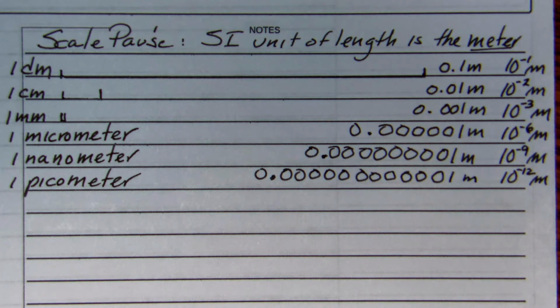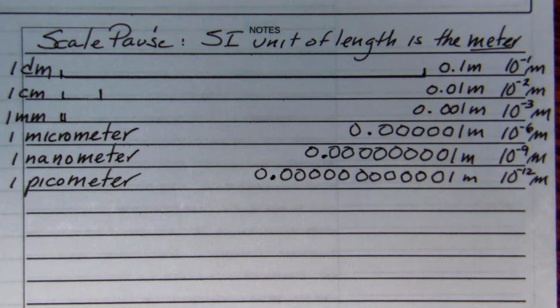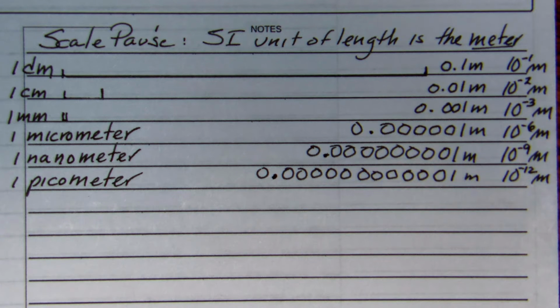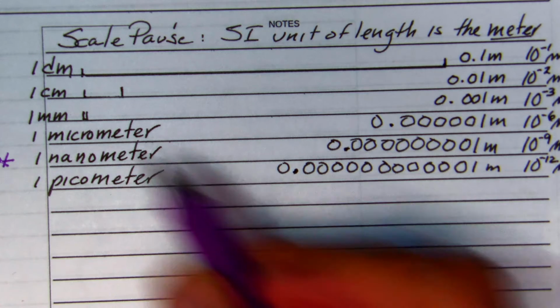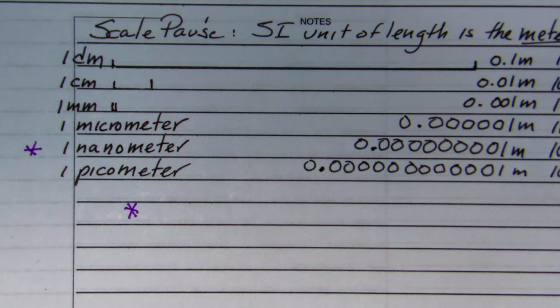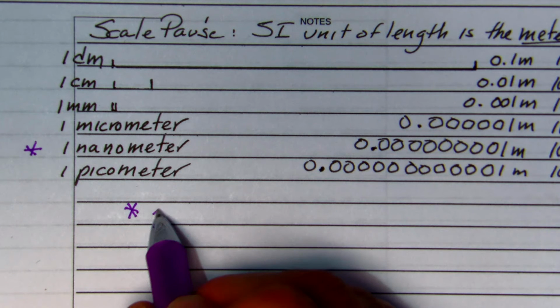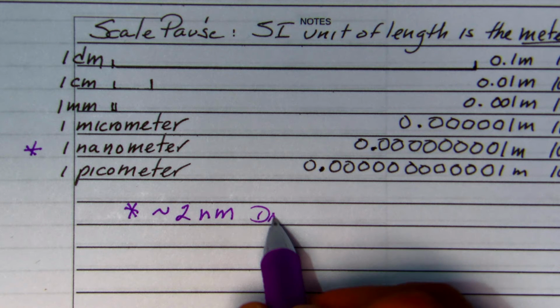Once we capture that, we realize that we are working in wavelengths of visible light in the 700 to 400 range or so of nanometers. So you know what you're talking about. Also, one additional thing I'll add to the scale, because we paused for the scale: when you talk about nanometers, I'm going to give you some relative comparisons. If you put an asterisk by it, approximately 2 nanometers is the DNA width.